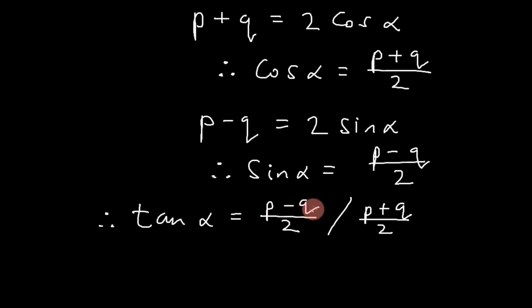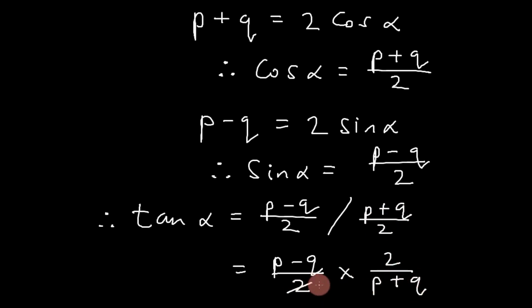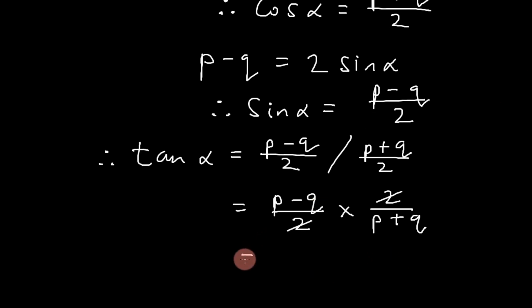We're dividing a fraction by a fraction, so we can multiply the numerator by the inverse of the denominator. Of course, the 2's will cancel here, and we're left with P minus Q over P plus Q.